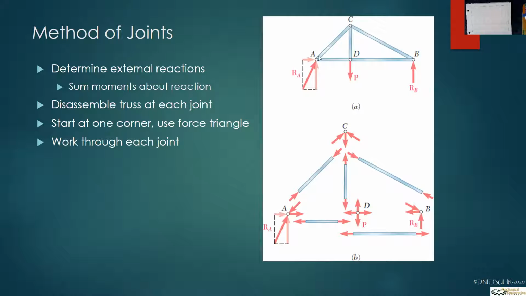So you have AC and AD, and then whatever this reaction is. If this is a vertical reaction here, because oftentimes we don't have any X component, then we can form a nice force triangle, and the forces in both AD and AC are going to be proportional to the angle of AC. I'll show that in the example. And then once you find that, you just work through the whole thing.